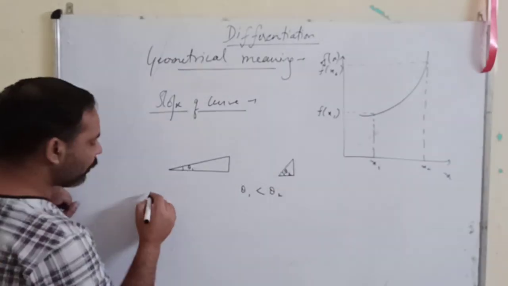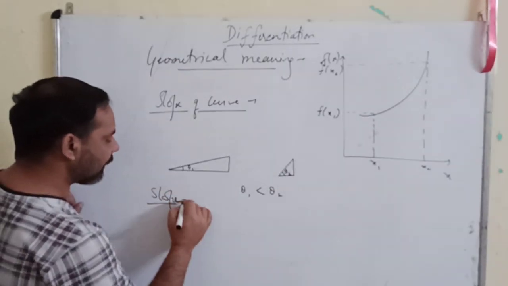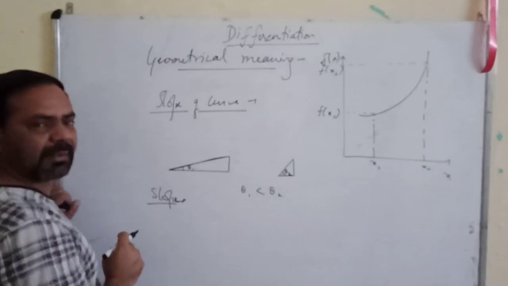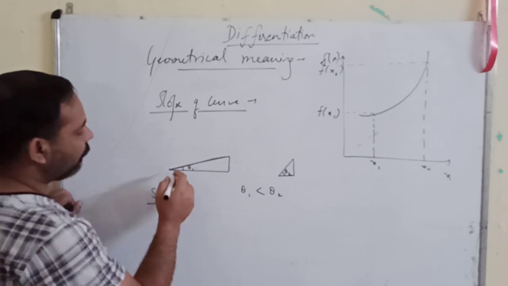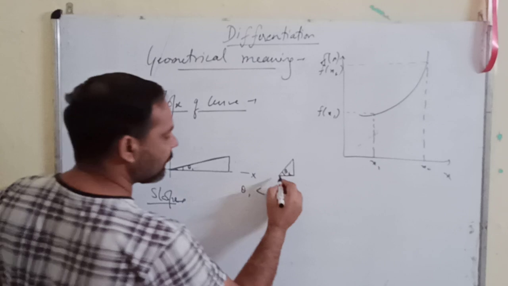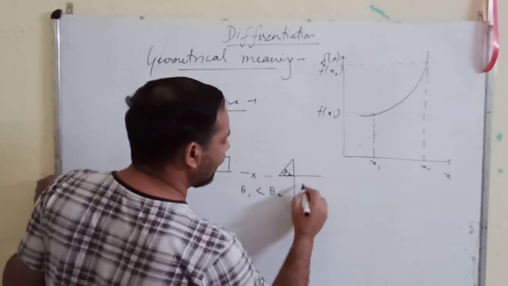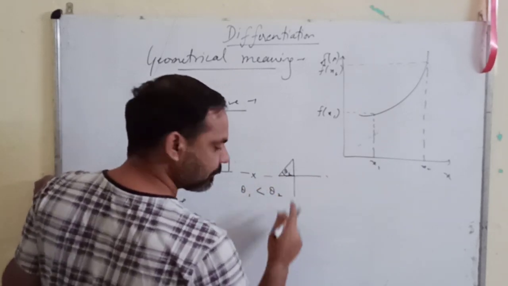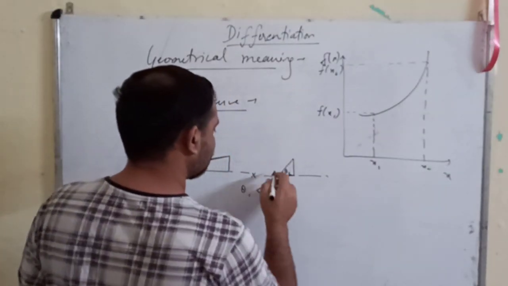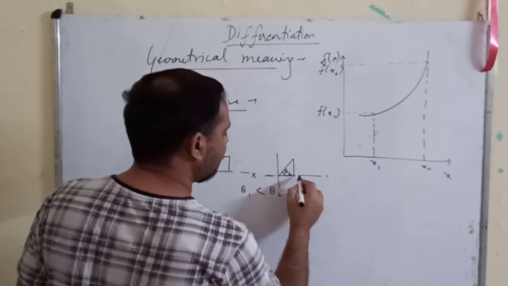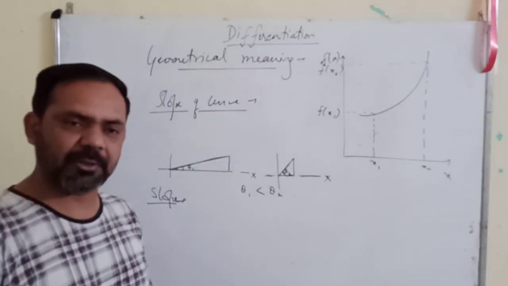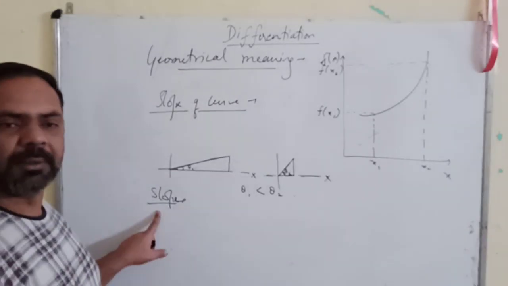So slope is related to the angle made by the curve or the graph with the positive direction of the x-axis. This is your x-axis, and this is the positive direction of the x-axis.